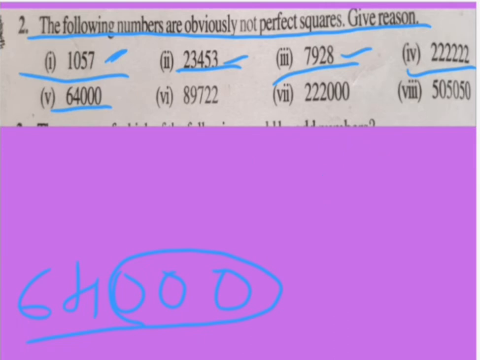But in 64,000 you have 3 zeros, and this 3 is an odd number, which says that this is not a perfect square number. So for this you have to write, we should always get an even number of zeros, but here we are getting an odd number of zeros. Therefore this is not a perfect square number. Like that you have to write the answer for this question.